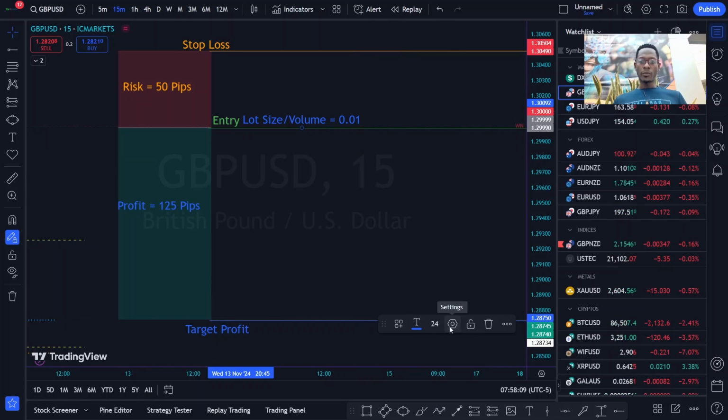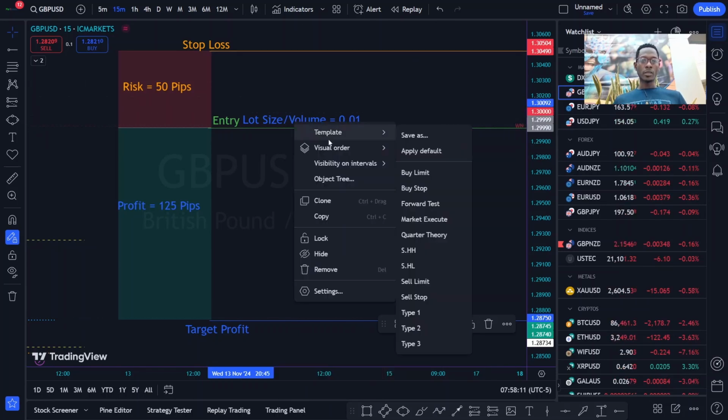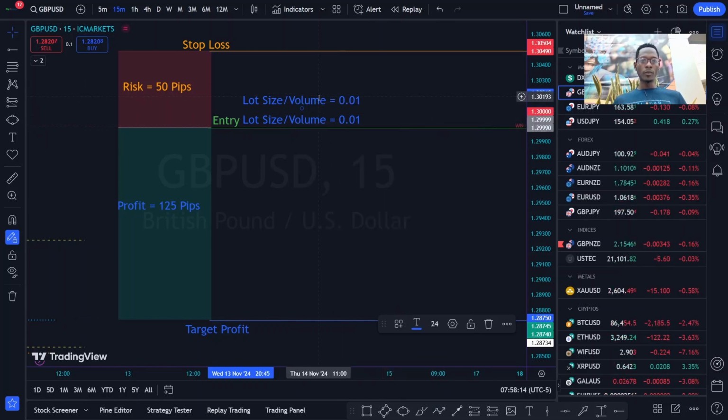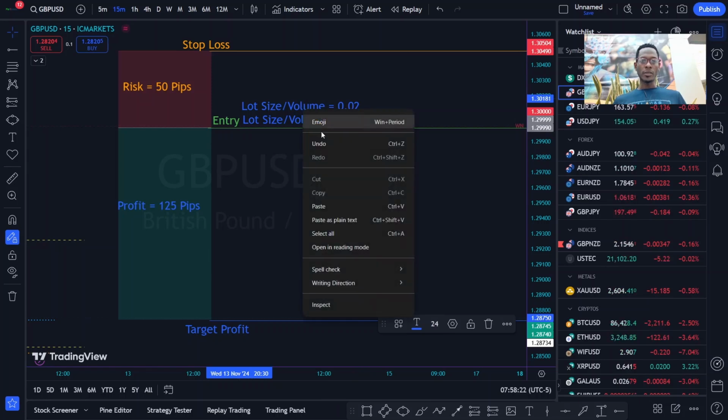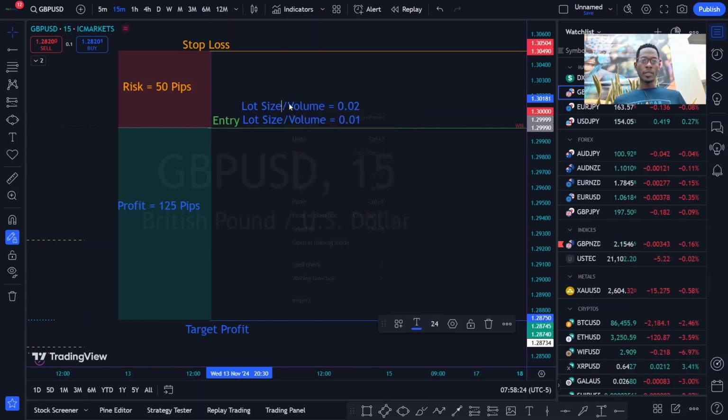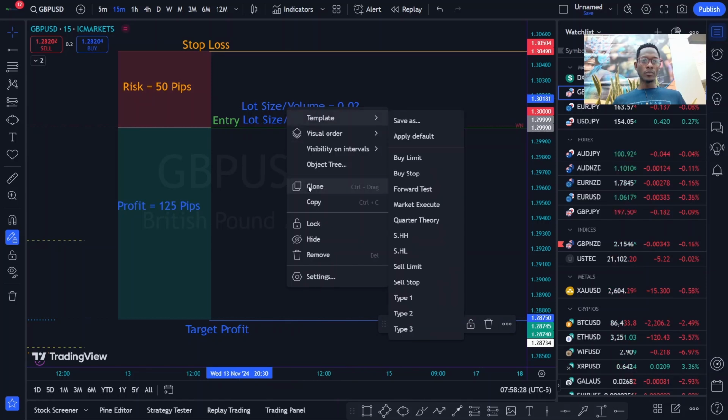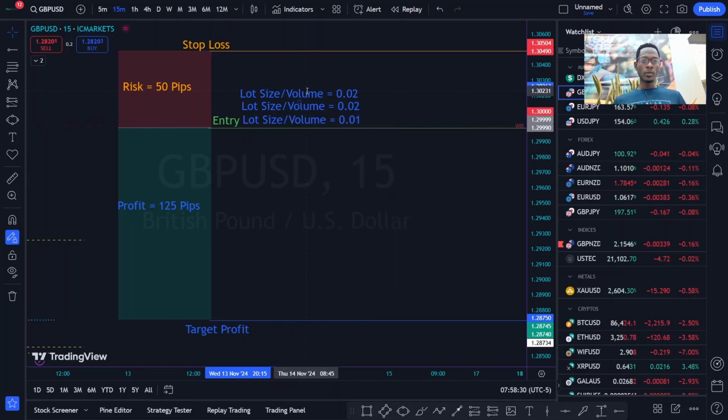So for this illustration, I'm going to just clone here. And for this illustration, we're just going to use just a few. Let's just copy this again. Clone. We're going to do 0.03.